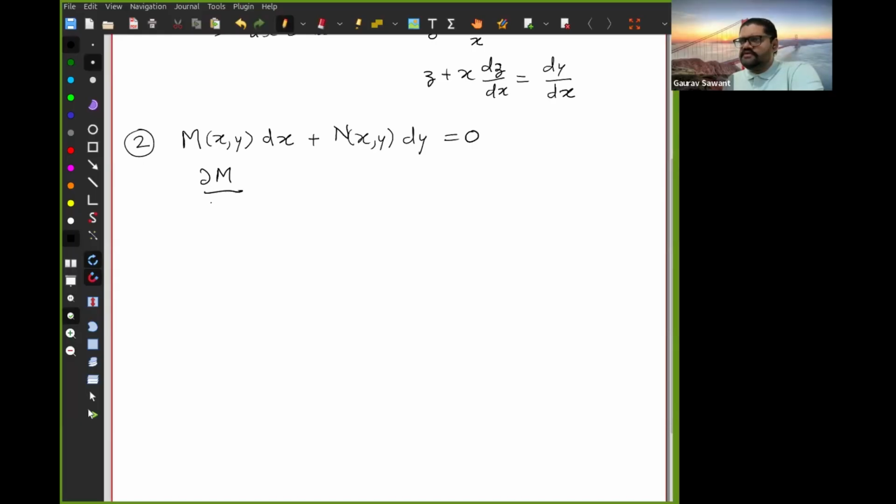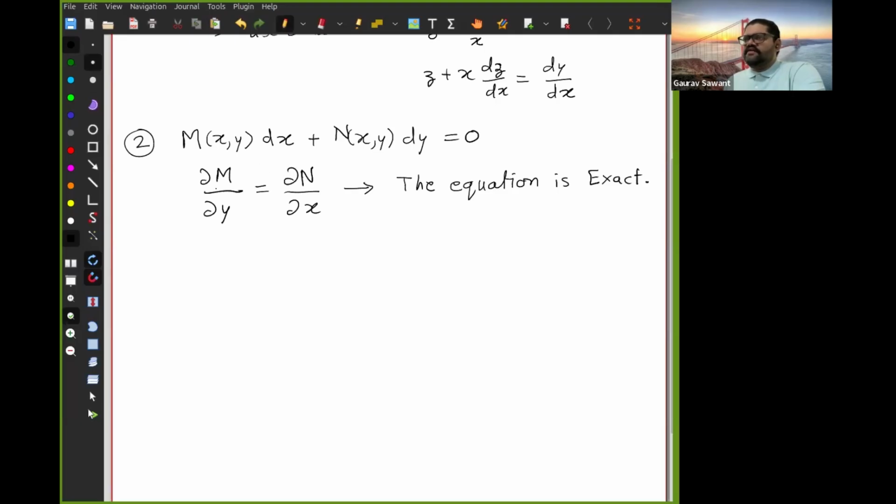Is there any question? So if these functions M and N satisfy this partial derivative equality, M_y equal to N_x, then this equation is called exact.